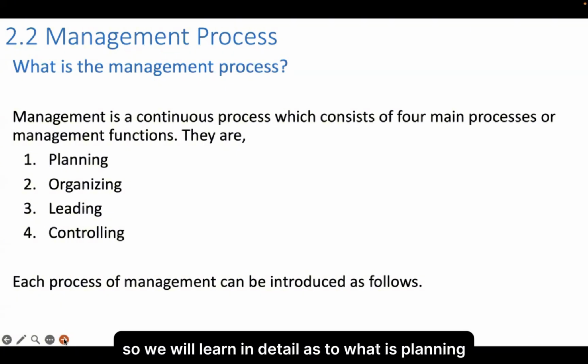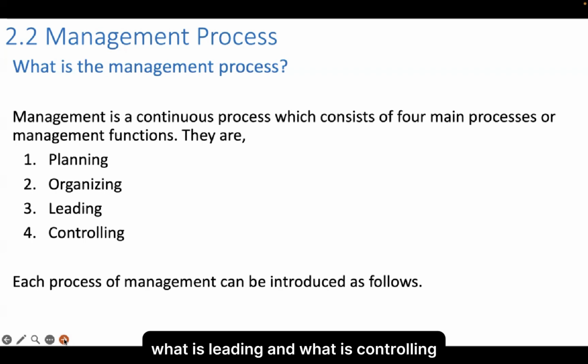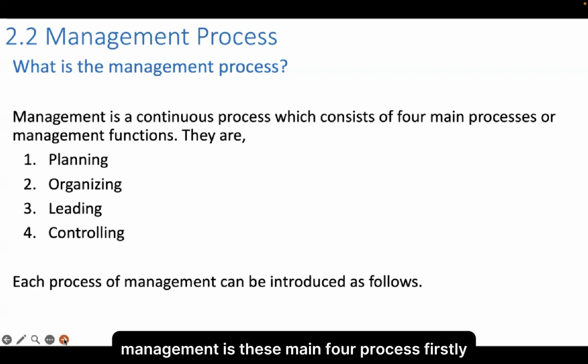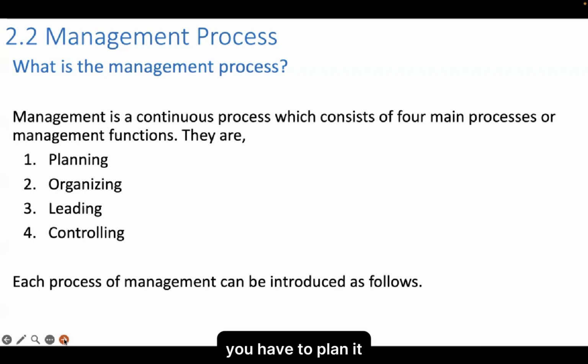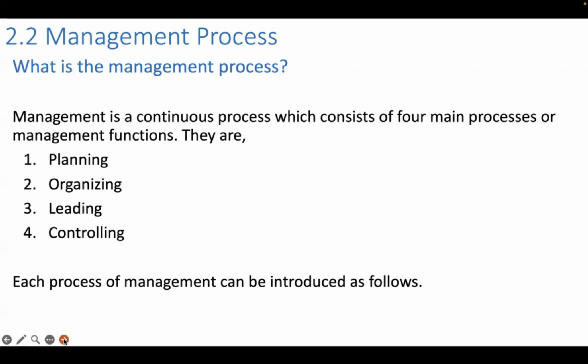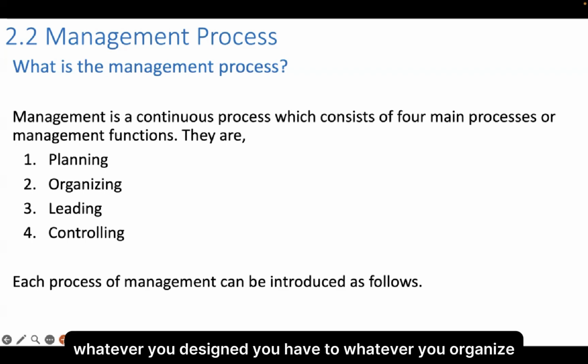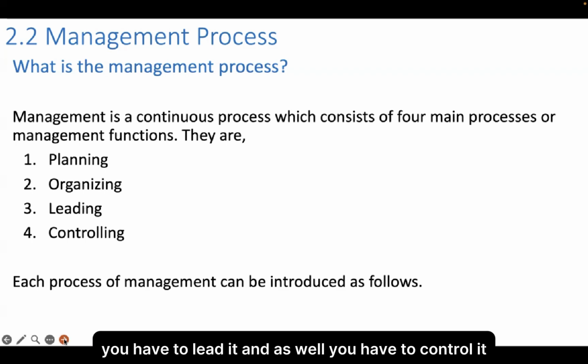We will learn in detail what planning, organizing, leading, and controlling are. So this is what management is: these four main processes. Firstly, you have to plan it, then you have to organize according to your plan, then you have to lead whatever you organize, and as well you have to control it.